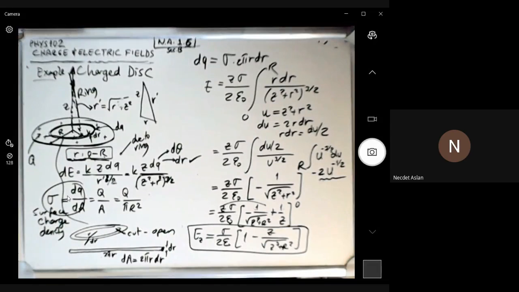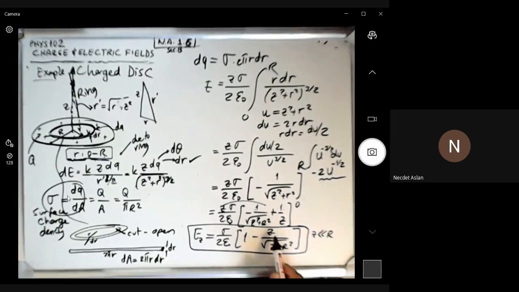So now what happened? When z is very small, this term is negligible. When z is much smaller than R, then z square is even smaller, way smaller than R square. So it can be neglected. So that square root of R square gives you R, which is a finite number, and the denominator is not 0, so the expression didn't blow up.